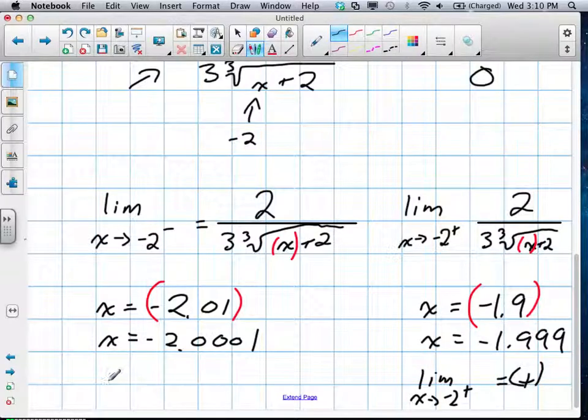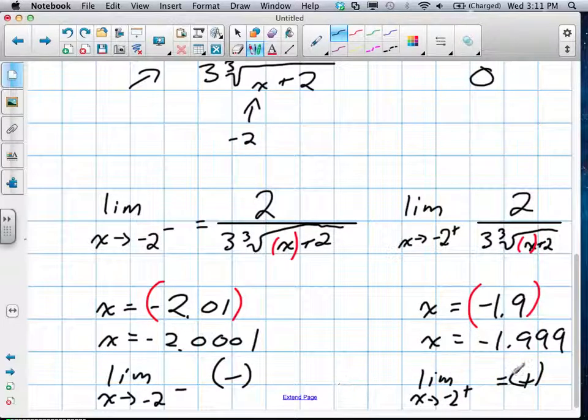And in this one, when x approaches -2 from the left, you're getting some answers that are negative. Remember when we're solving limits and we plug these numbers in, we actually don't approach the same number.